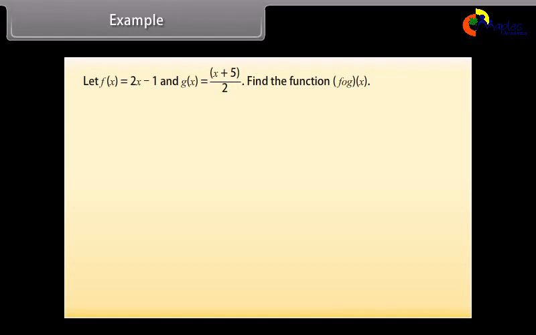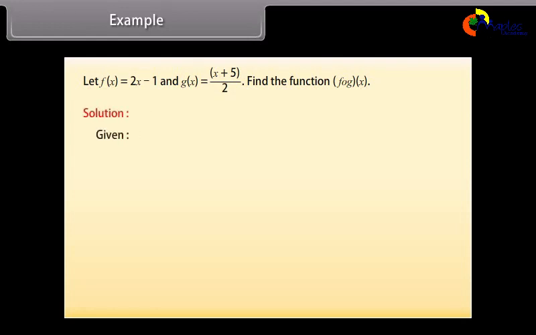Example. Let f(x) = 2x − 1 and g(x) = (x + 5)/2. Find the function f∘g(x). Solution.